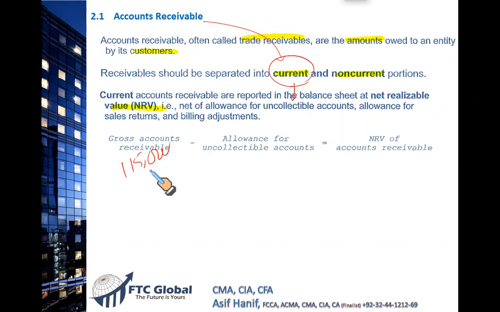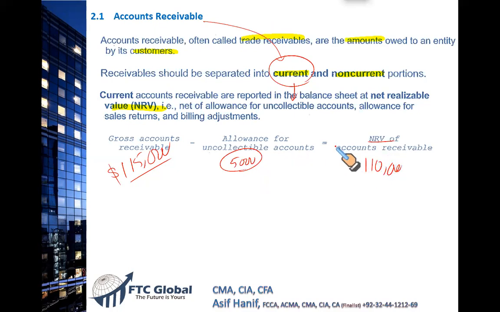Let's say $115,000. These are our account receivables. And we suspect that maybe 5,000 out of them will not pay. So if 115,000 is the gross amount receivable and we doubt that maybe 5,000 is uncollectible, then the amount that we can net realize is called the NRV, and it is 110,000.